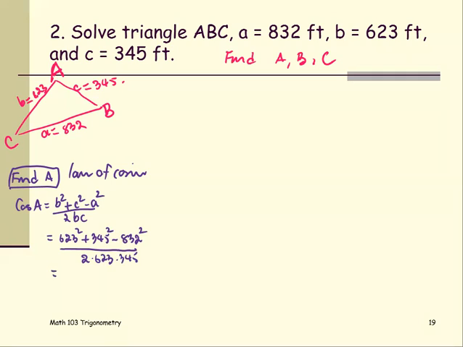And cosine A comes out to be negative 0.430525 and so forth.